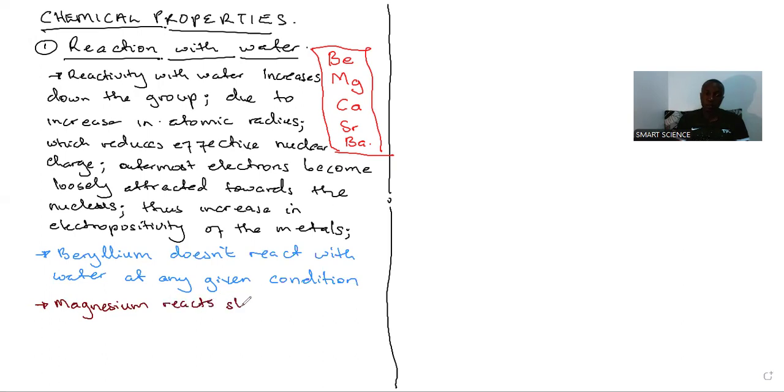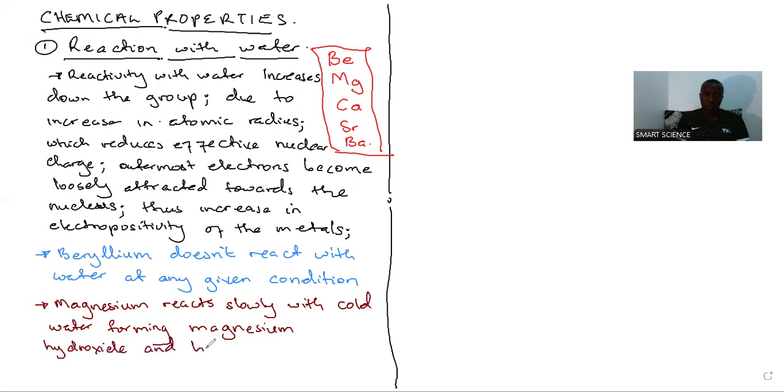When it comes to magnesium, this one reacts slowly with cold water, forming magnesium hydroxide, and hydrogen, which is a gas.